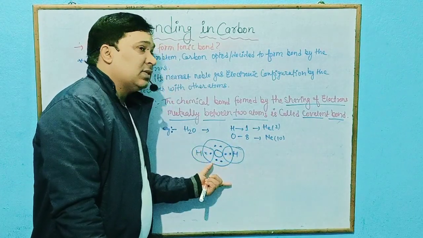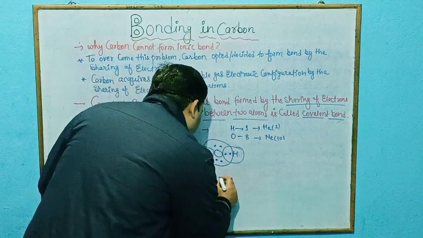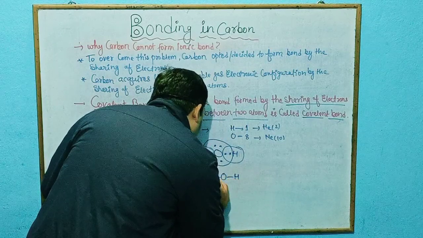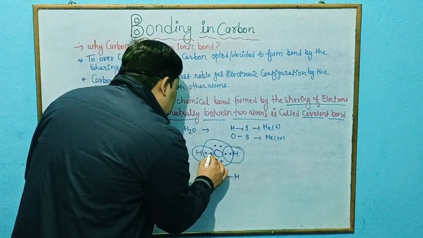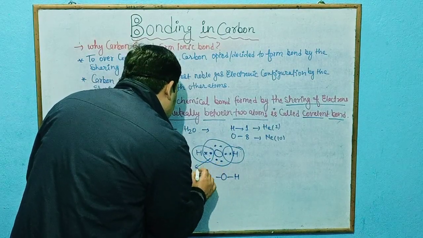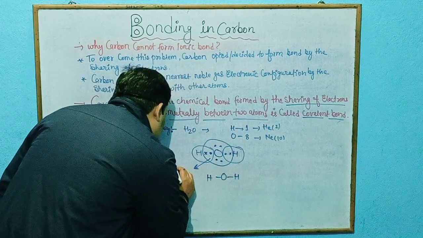So this is called mutual sharing, right? In this way, a bond is established between oxygen and hydrogen. It is H-O-H. The electrons are always shared in pairs, and these electrons are called shared pair.